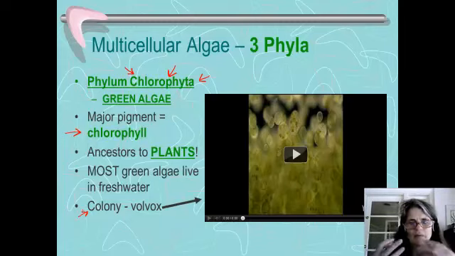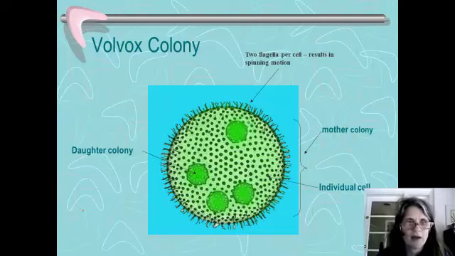It is more a group of individual cells living together, but certainly there is some differentiation of labor. Some parts of the Volvox do different jobs than other parts. So it's colonial, but it is bordering on a multicellular structure.